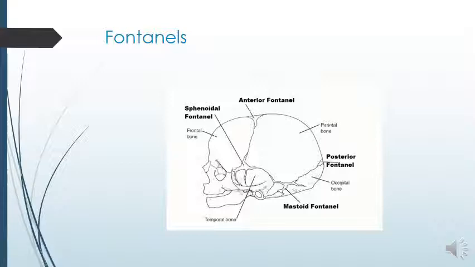But in actuality, you have 1 anterior fontanelle, 1 posterior fontanelle, 2 sphenoidal fontanelles, and 2 mastoid fontanelles. They close at different times and will not complete their closure until about a year and a half after the baby is born. If they close too early, this could cause a condition called craniosynostosis, which I'm going to talk about in just a moment, which has many different complications.